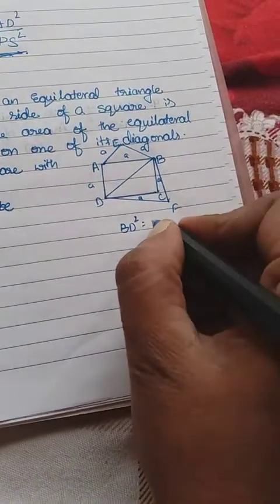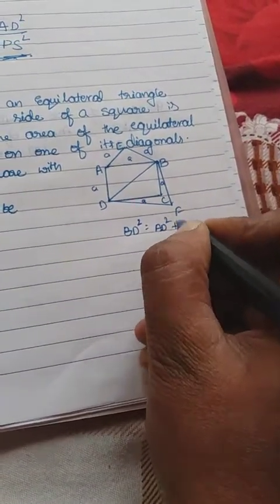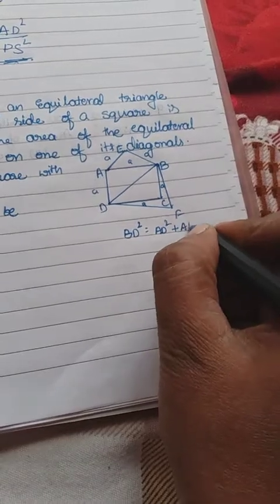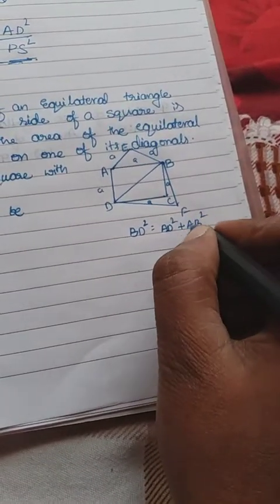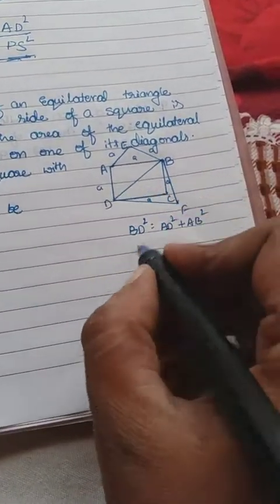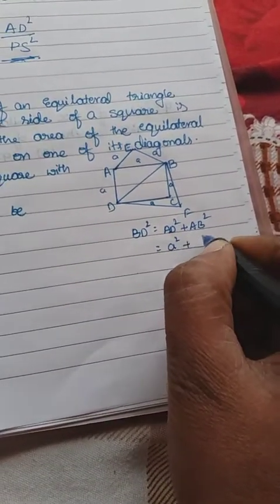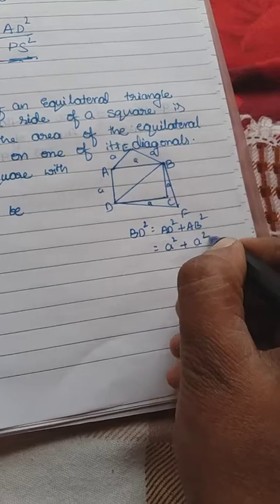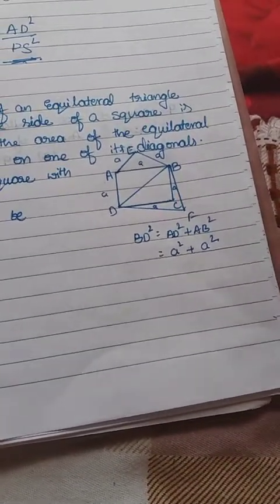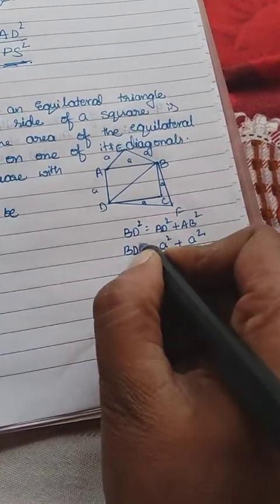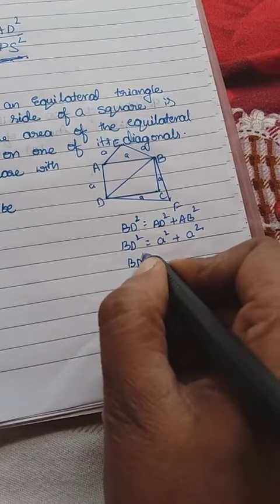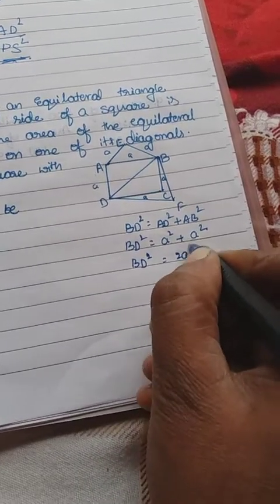So BD square equals AD square plus AB square. AD is A, so A square plus one more A square, that is BD square equals 2A square.